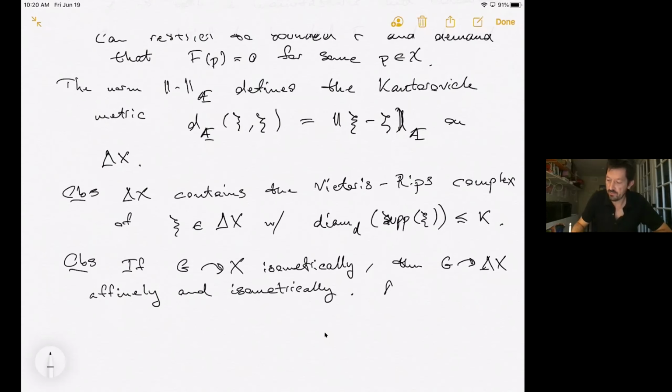And the embedding of X into Delta of X, which takes a point x and maps it to delta_x, is a G-equivariant isometric embedding.